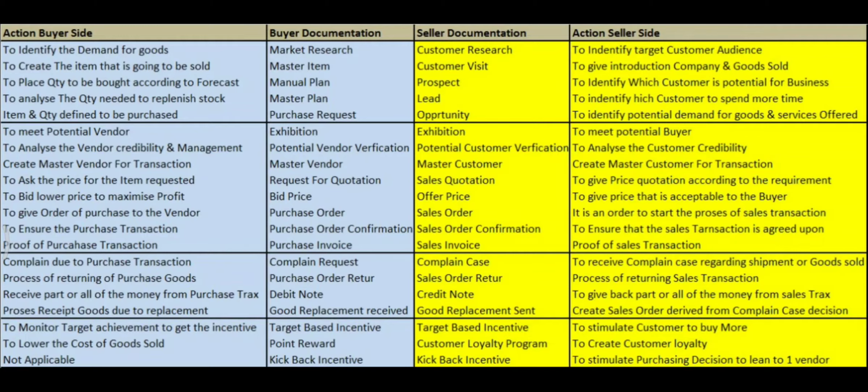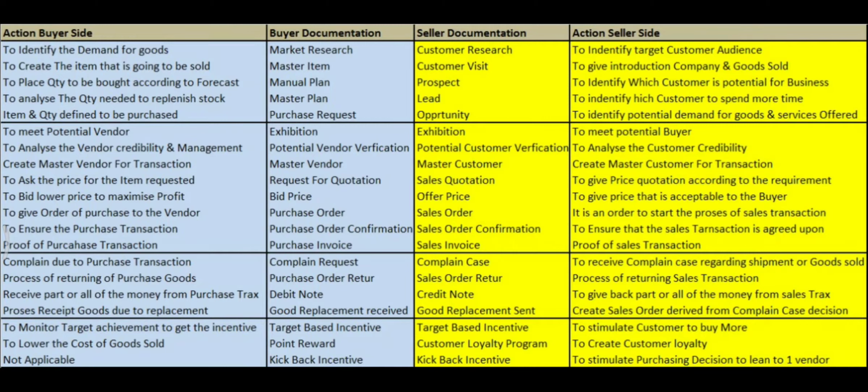After that, you have to shortlist the vendors, which can be done by paying a visit to the vendor's factory. Once you verify that the vendor is real, there's no scam behind it, you create a master vendor in the system. This master vendor allows you to do transactions with this vendor.